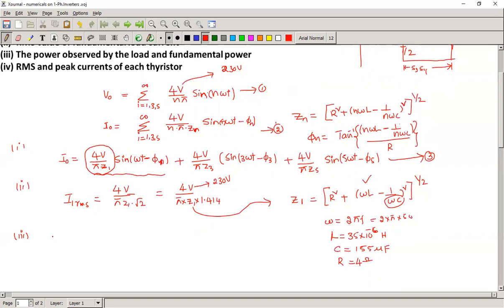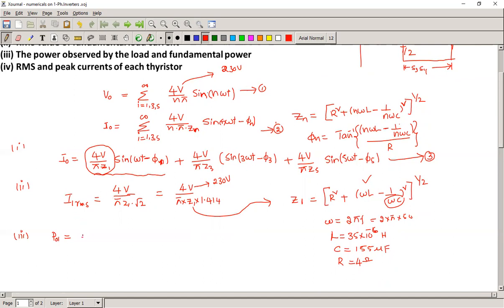So the fundamental power equals, see here the load is an RLC load. Inductance and capacitance store the energy, they do not consume any power. So whatever power is consumed by the load happens only in the resistance.